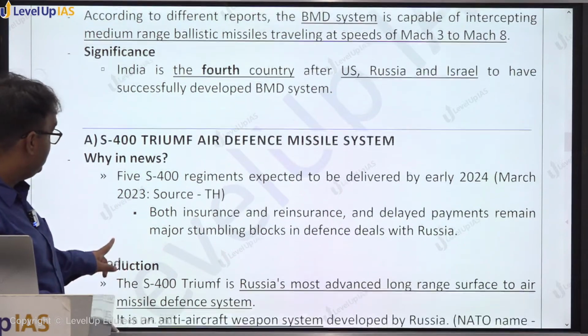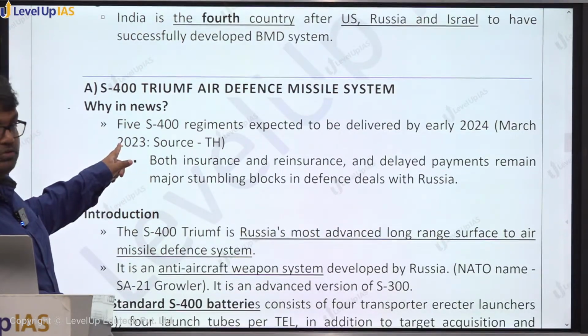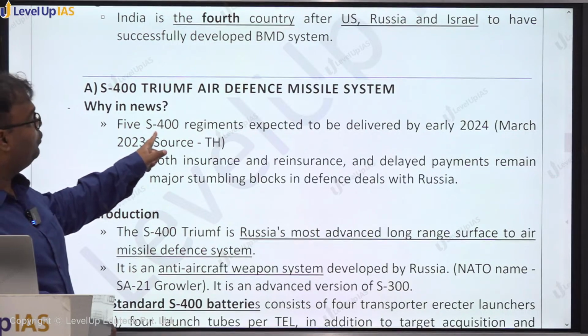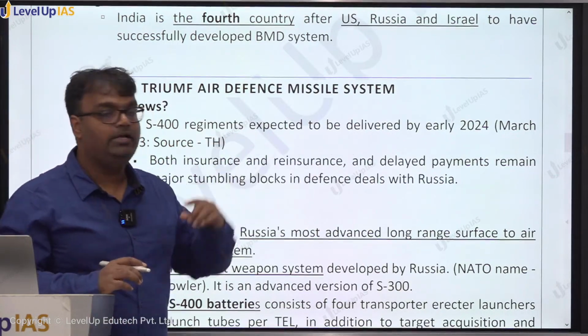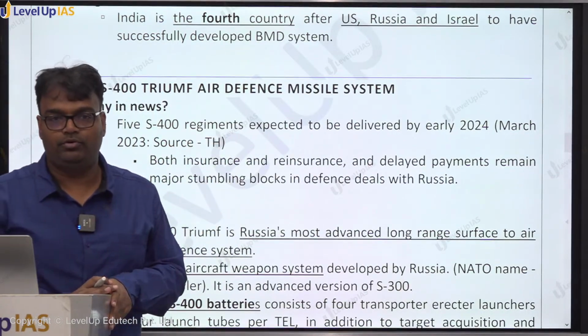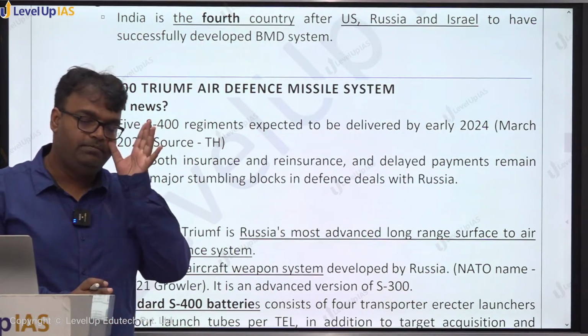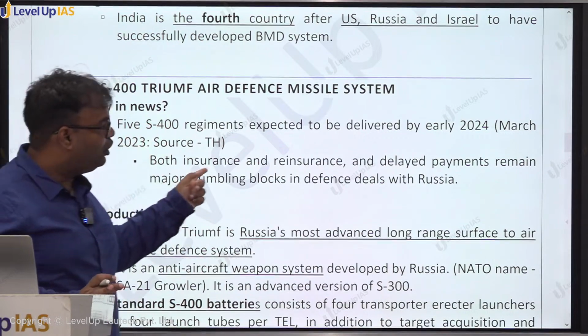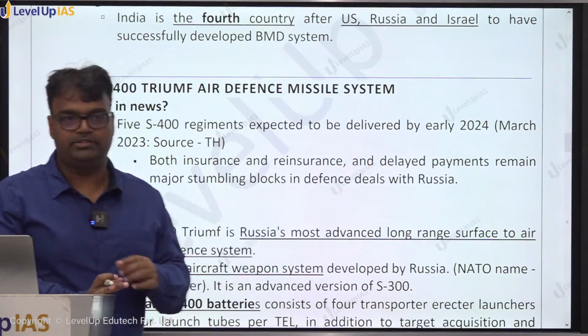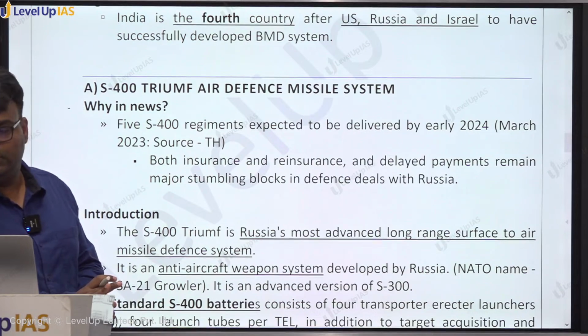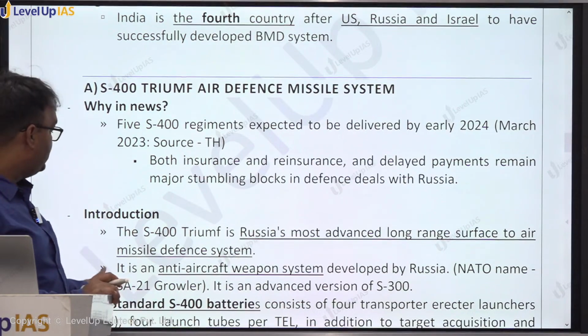The S-400 was in the news in March 2023: 5 S-400 regiments expected to be delivered by early 2024. This delay has occurred because of insurance, reinsurance and delayed payments.